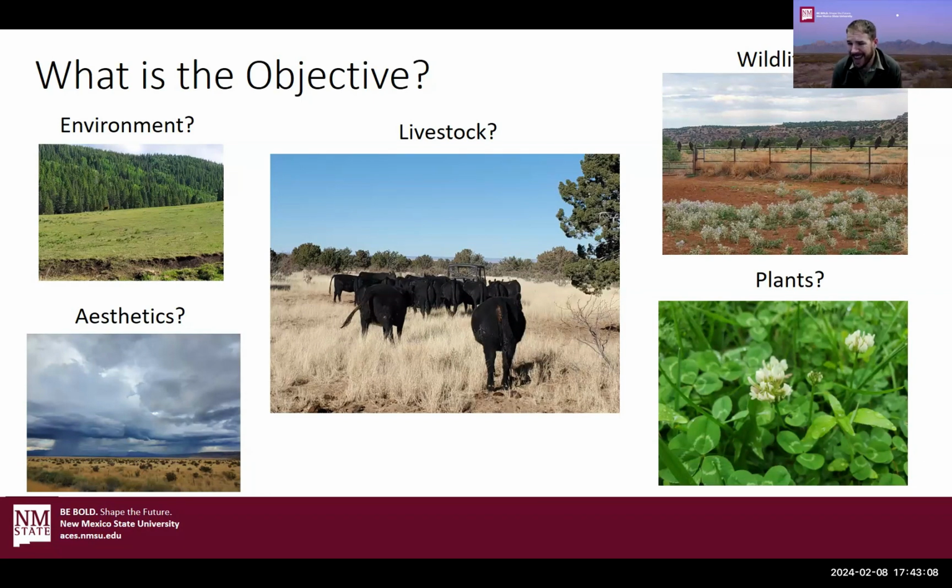Maybe you're not running animals and you just want to look at the plants, such as increasing plant species diversity. That might be an objective in calculating a carrying capacity. Maybe you just want to care for the environment. You've got places that are looking pretty rough, susceptible to erosion, and you're trying to improve those. Another topic that is becoming important is aesthetics.